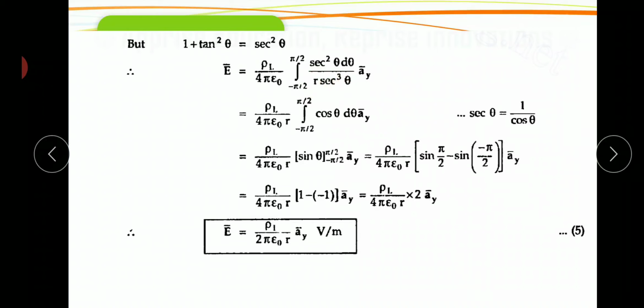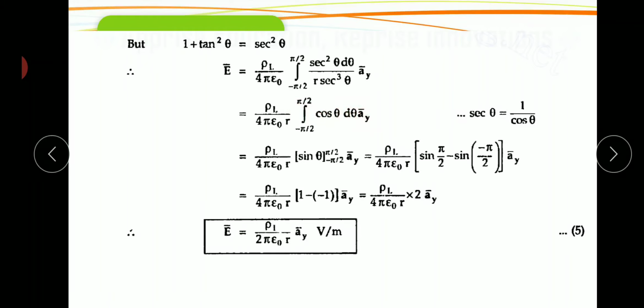By cancellation we get only 1 by secant theta, but we have a relation between secant theta and cos theta, so cos theta is equal to 1 by secant theta. By replacing 1 by secant theta with cos theta, now we apply the integration of cos theta d theta with the limits of minus pi by 2 to pi by 2.